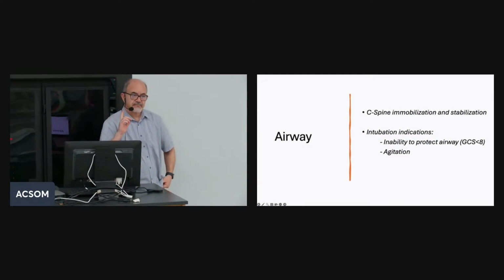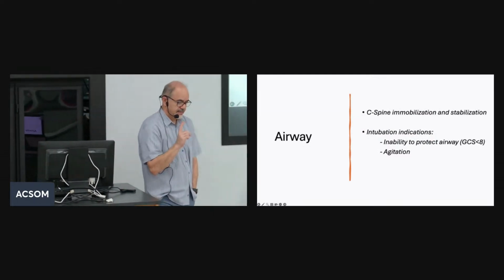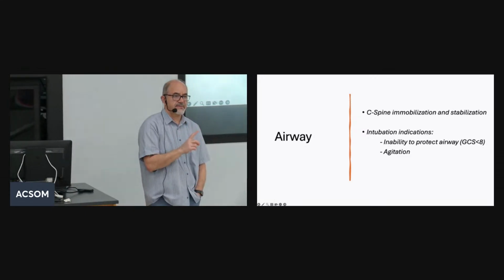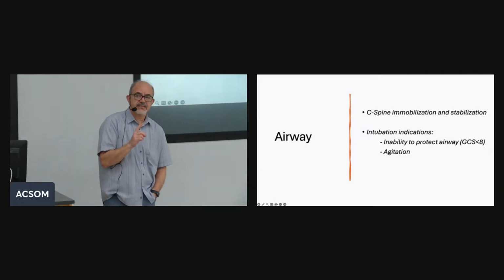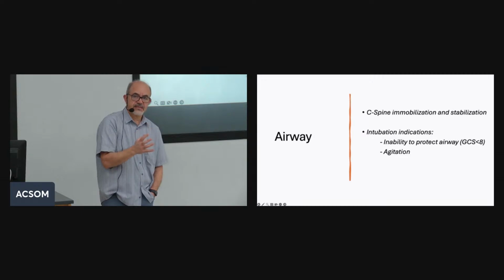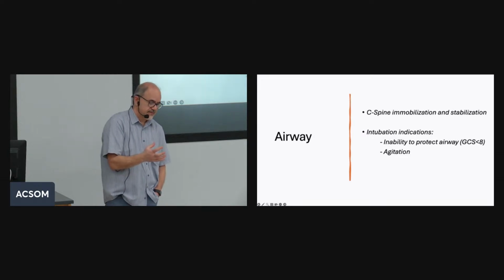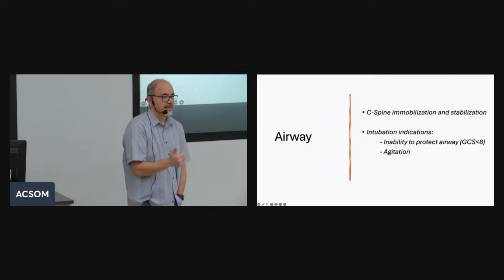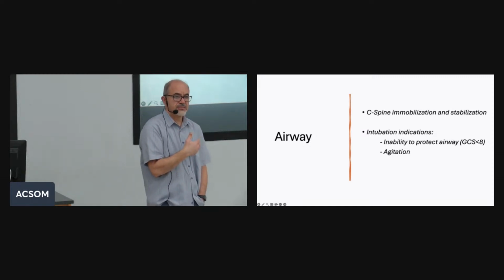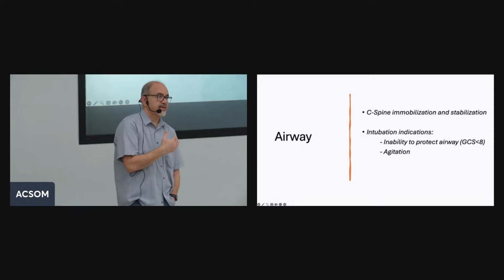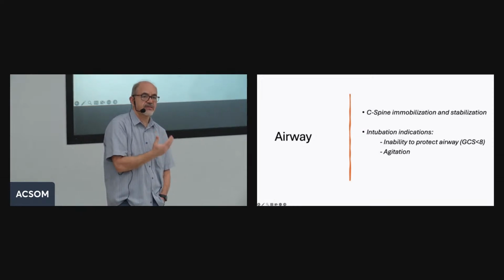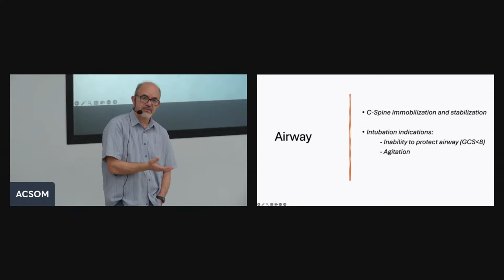So remember, the C in ABCD was C spine. Sometimes people get carried away when the airway is in trouble, and you want to secure the airway. You want to make sure the patient is able to breathe, and you forget that the C spine could also be injured. And by moving the neck, by moving the head, you can actually cause spinal cord injury.